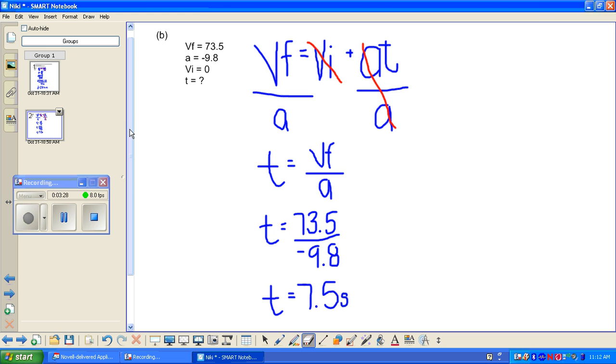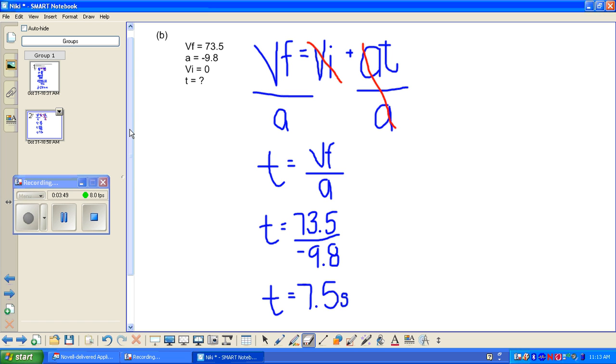acceleration times time. And then we eliminate vi because it's equal to 0, so we don't need it, and divide by acceleration because we need to get the t by itself.